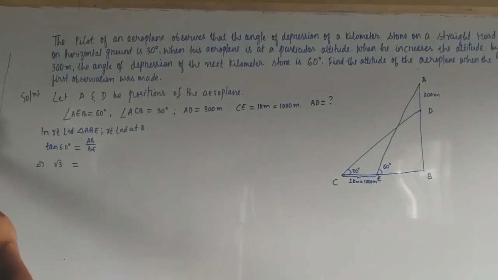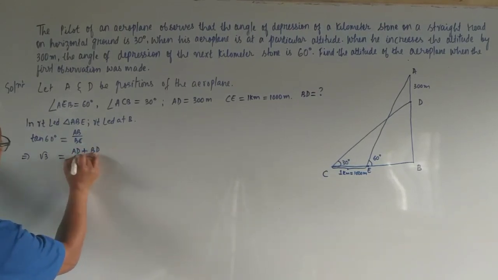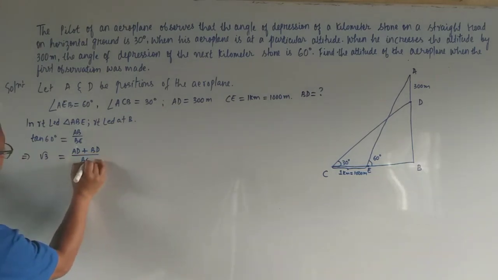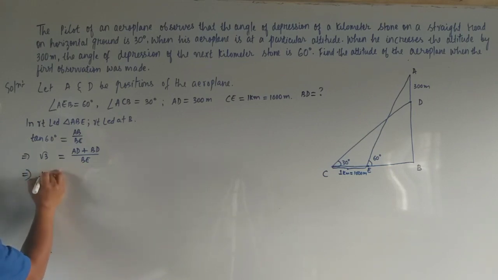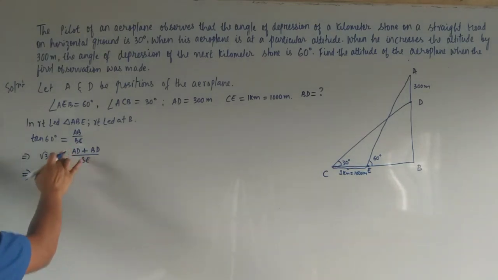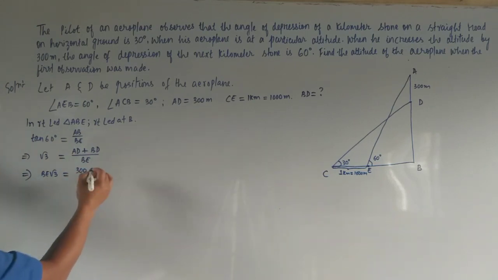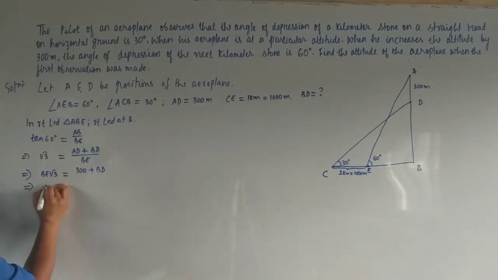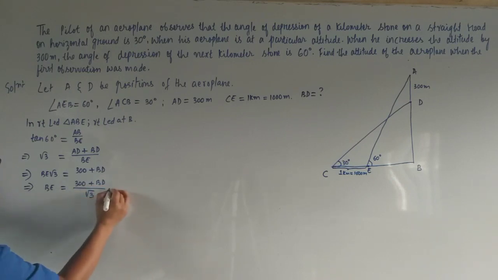Then AB can be written as AD plus BD, over BE. So let's cross multiply. So this will be BE √3 equal to AD, the value of AD is given to be 300, plus BD. So BE equal to (300 plus BD) by √3. So this is equation 1.